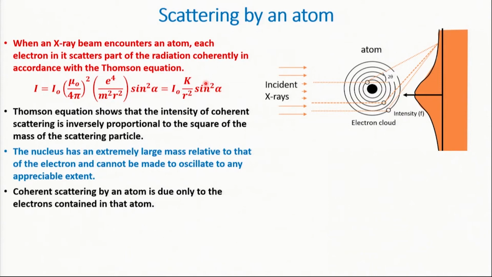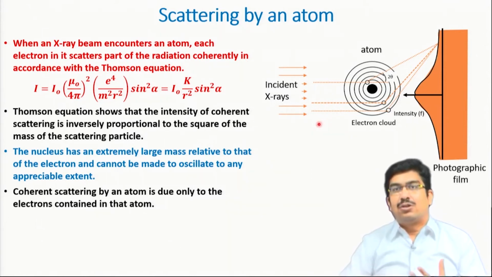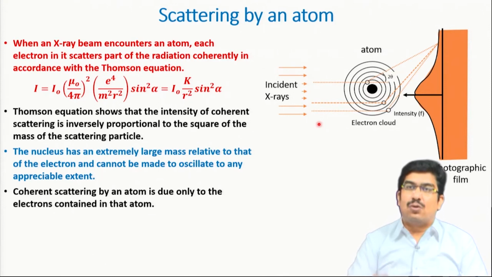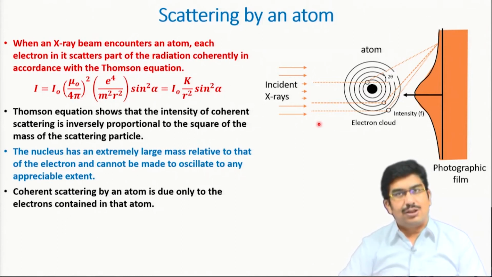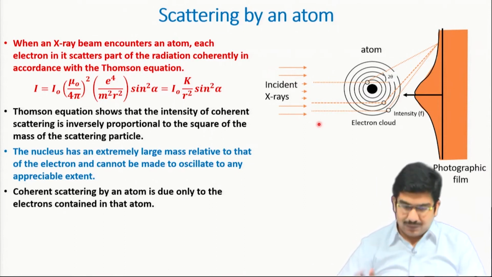Anyway, one question comes at this point, and many times my students ask me, and it may arise to you as well: why are we considering only the electrons in this process? An atom consists of a nucleus as well, which is again a charged particle. So the way electrons act as a source of another electromagnetic wave, the nucleus can do the same thing. They are also positively charged, and if they are set in oscillatory motion, they can also produce another set of electromagnetic wave. True.